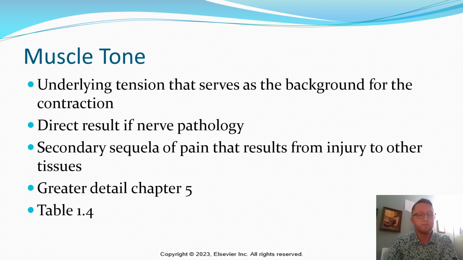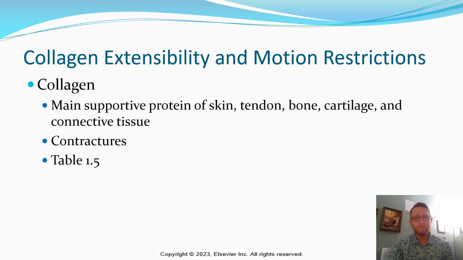Muscle tone, again, is something that we're going to discuss in greater detail in Chapter 5. But you can go to Table 1.4 in your text and see what those modalities do as far as increasing or decreasing tone in the patient. So we'll talk about that, but it's just a little bit of an introduction to what muscle tone is. And then the last one: collagen extensibility and motion restrictions.